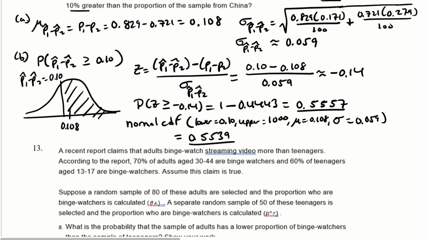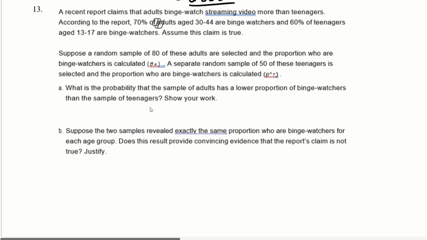All right. Number 13, a recent report claims that adults binge watch streaming video more than teenagers. According to the report, 70% of adults ages 30 to 44 are binge watchers, and 60% of teens are binge watchers. Assume this claim is true. Suppose a random sample of 80 of these adults are selected, and the proportion who binge watch is calculated.